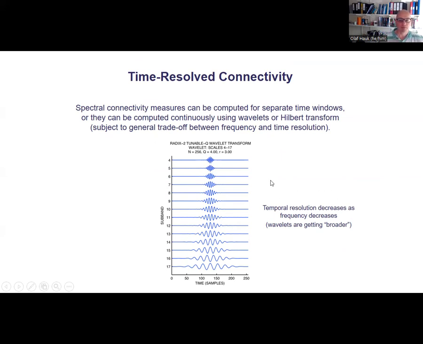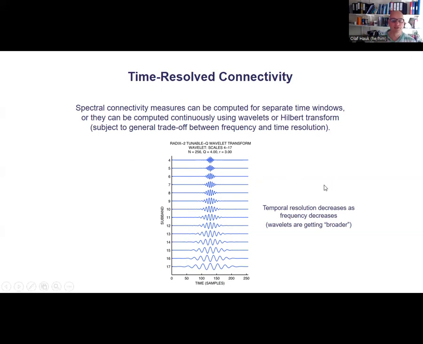We were only interested in the power. But wavelets produce both amplitude and phase. And then you can compute the relationships in the polar representation between regions. You can do that for all the different frequencies. You can do that for all your samples in your data. Of course, it takes longer, but you then actually get time-resolved functional connectivity.